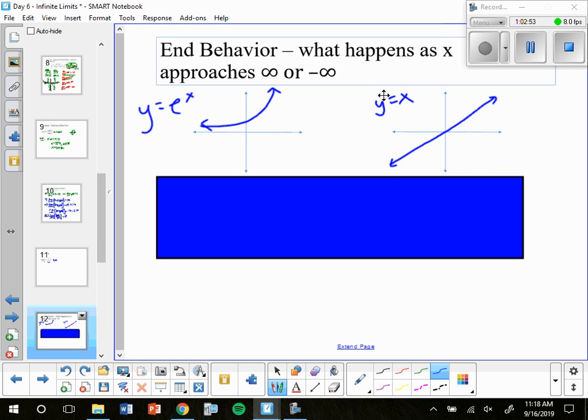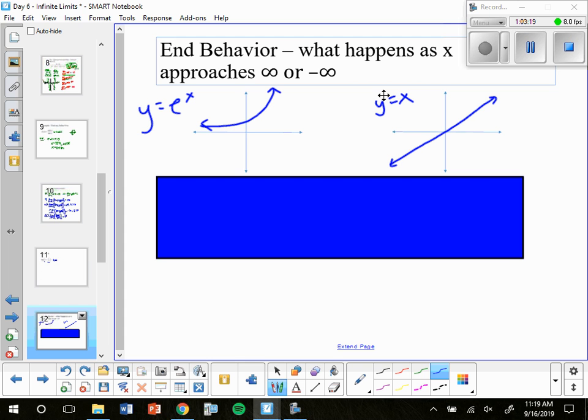What question do I want to ask? As x gets bigger and bigger, what are my y values doing on e to the x? They're getting bigger and bigger. Where are they going? To positive infinity. What happens on my function y equals x as x gets bigger and bigger? Also going to positive infinity. Which one's going faster? E to the x.